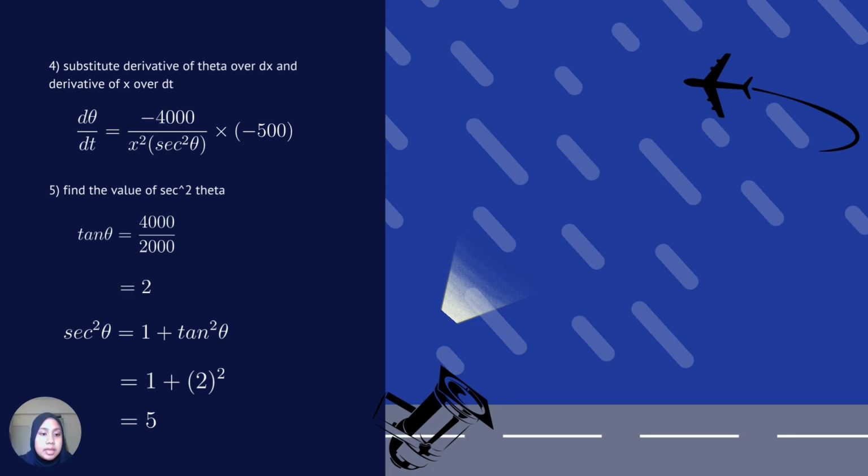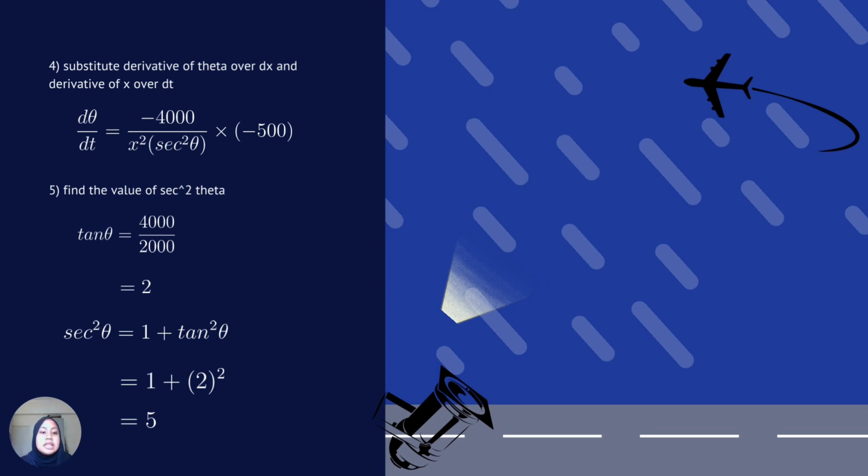The second last step is we need to find the value of secant square theta. So how can we find the value of secant square theta? We need to implement the formula of tangent theta. Tangent theta equals opposite over adjacent. The opposite value is 4000 and the adjacent is 2000, because in the question it has been stated that the value of x is 2000.